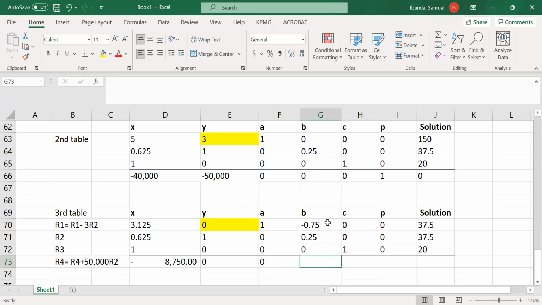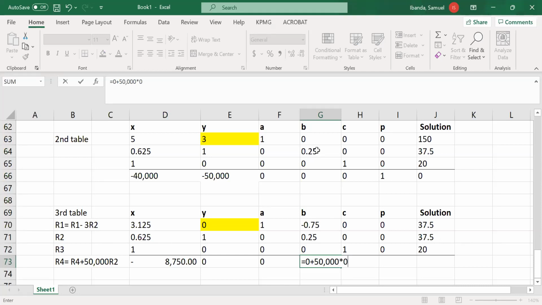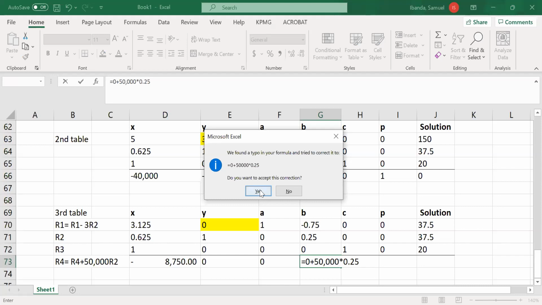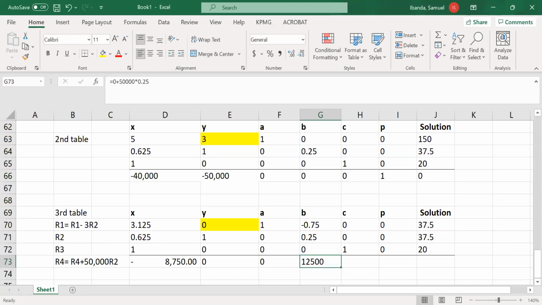Now here it will be 0, which we have at the bottom, plus 50,000 times the 0.25. 0.25 gives us 12,500. That is what it basically gives us.